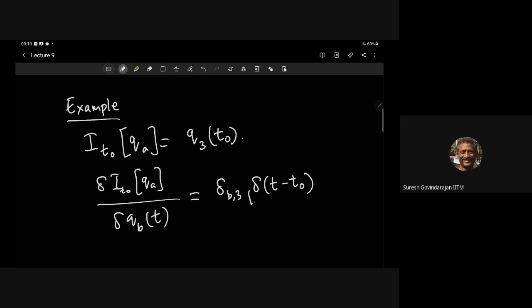This appeared in our example. But now the fact that there are multiple fields shows up in this Kronecker delta.